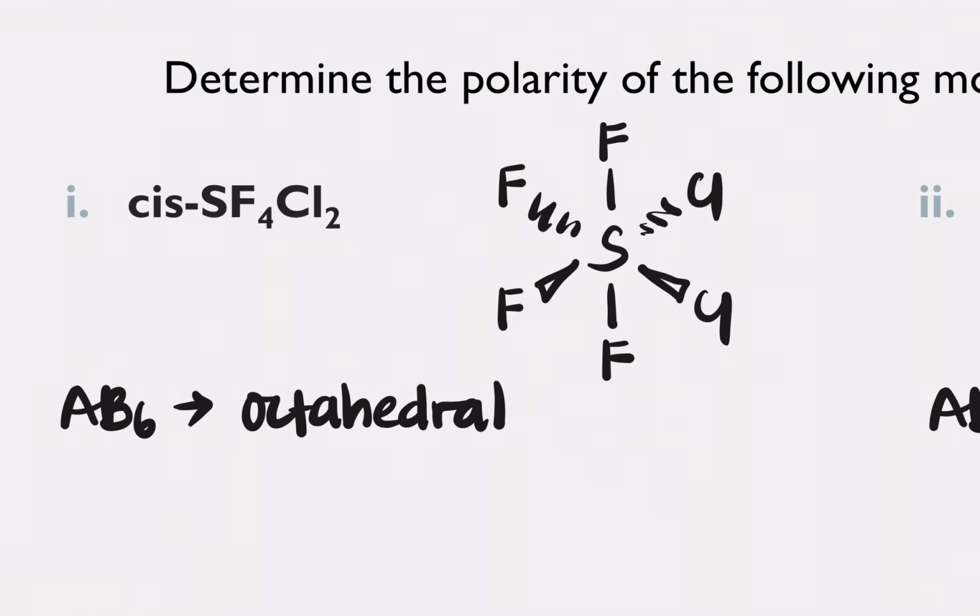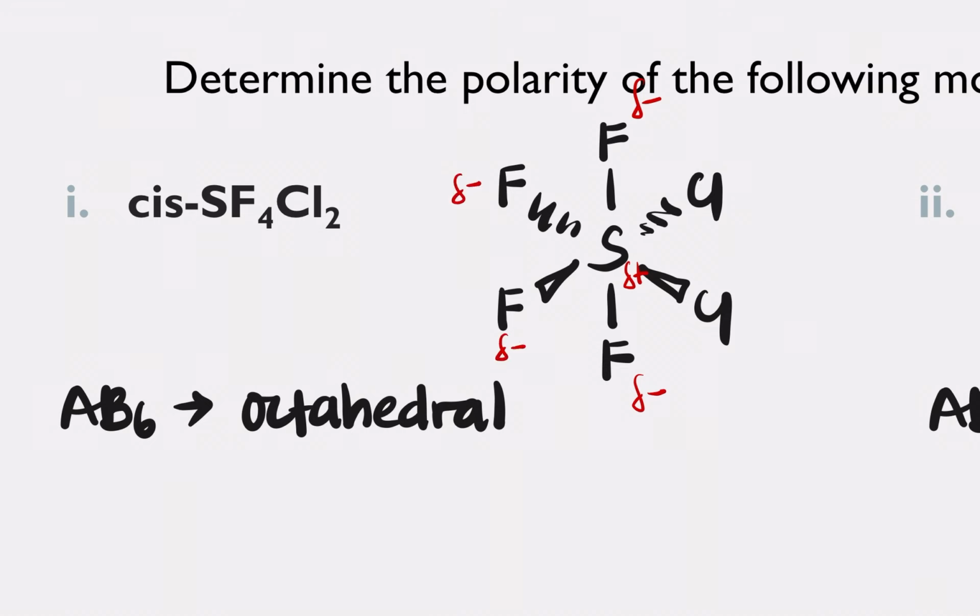Okay, so I'm going to first put my partial positive and partial negative. So between fluorine and sulfur, fluorine is more electronegative. So sulfur will be positive lah, fluorine negative. Okay, so I'm going to put that. Alright.